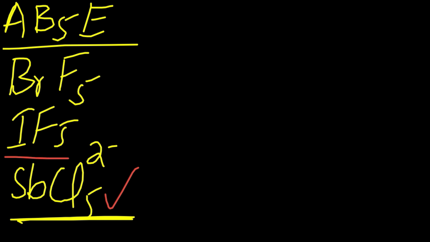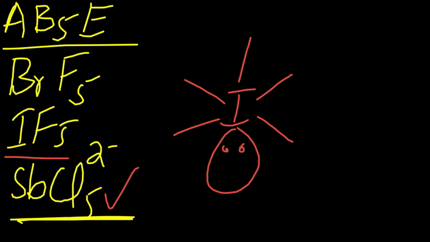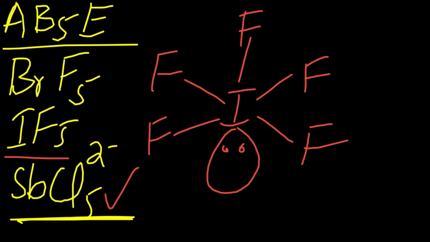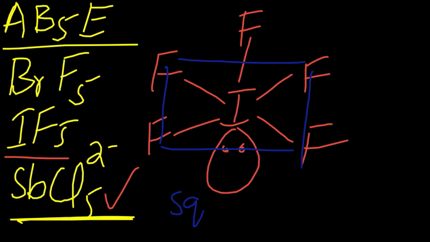Let's discuss the geometry of IF5, where iodine is making 5 bonds. The remaining electrons on the iodine atom are lone pairs, and this is the lone pair. 5 fluorine atoms are bonded with the iodine. The geometry of AB5 type molecules is square pyramidal.